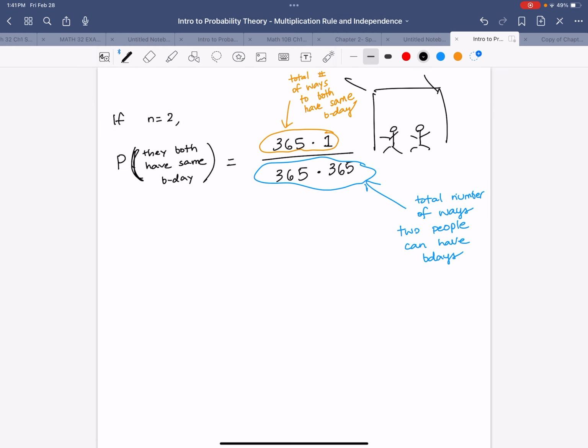Okay, so all in all, what is this probability? The 365s cancel out, 1 over 365, which is approximately, I'll use my calculator here, about 0.27%. We're looking for the smallest value of n where the probability is 50% or more. Okay, so n equals 2 is too small.